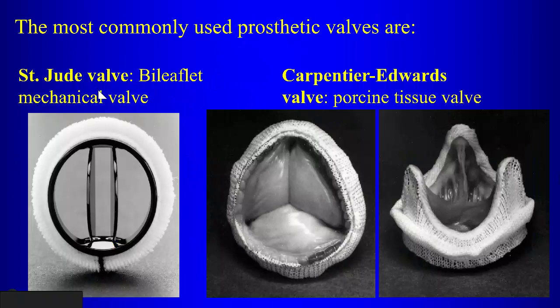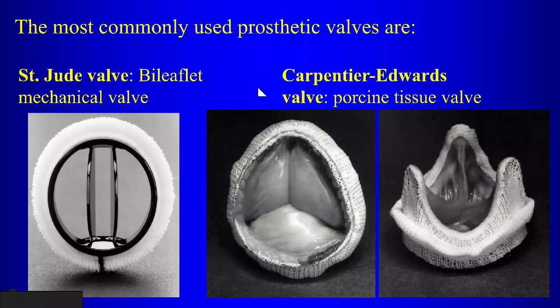So prosthetic valves, as far as mechanical valves, there's the St. Jude bi-leaflet mechanical valve. So that has two leaflets like this, so the leaflets are metallic. And then there's the Carpenter-Edwards porcine tissue valve here. And of course, the struts may be radio-opaque, right? So they might be metal. But the valve itself is not going to be visible, especially on chest radiographs, right?